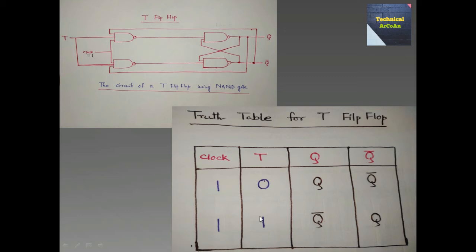And if the T value is 1, then we get Q complement, meaning this is the toggle: whatever the present state is, we get the complement of that. If the present state is 1, we get 0. If the present state is 0, we get 1. So the input is given and we get the outputs Q and Q complement.